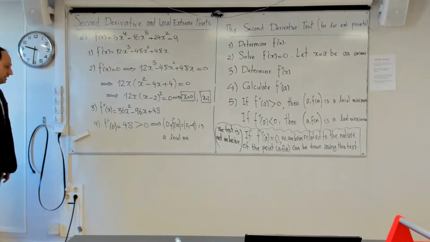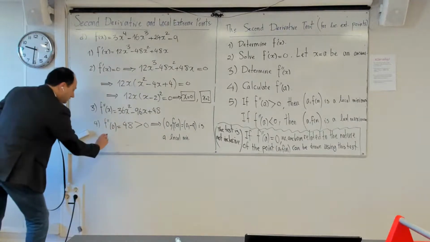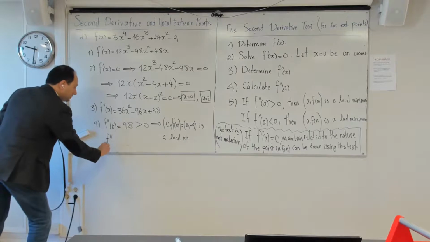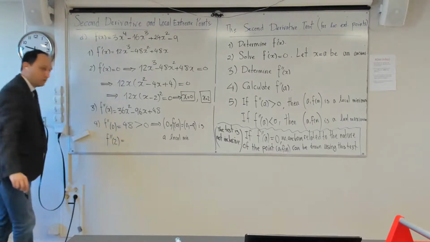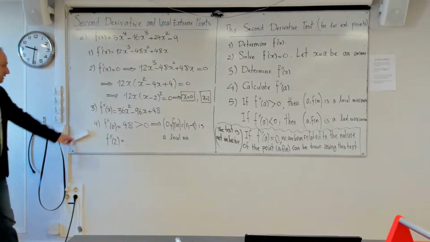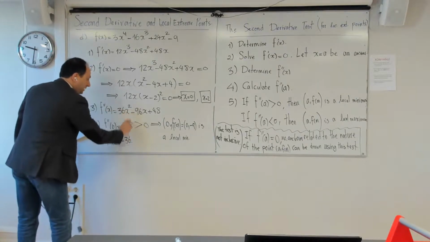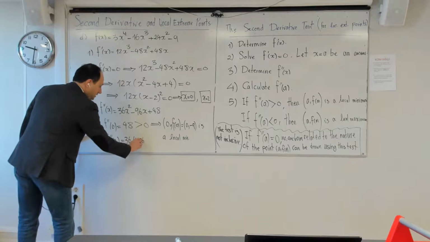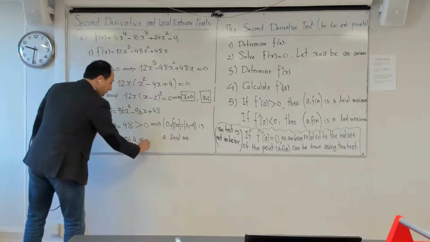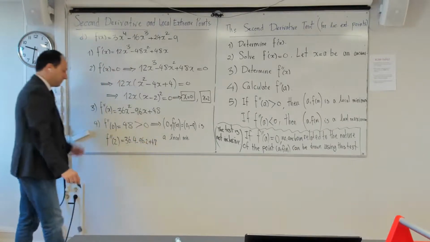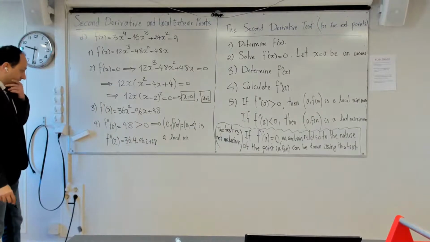Okay? But if I have designed this correctly, hopefully these numbers are correct, let me calculate f double prime of 2. Then I have to replace 2 here. 36 times 2 to power 2 minus 96 times 2 and then plus 48. Hopefully this is correct.